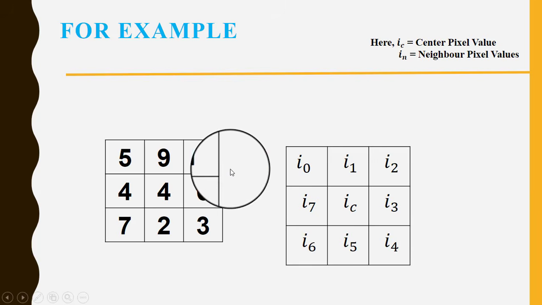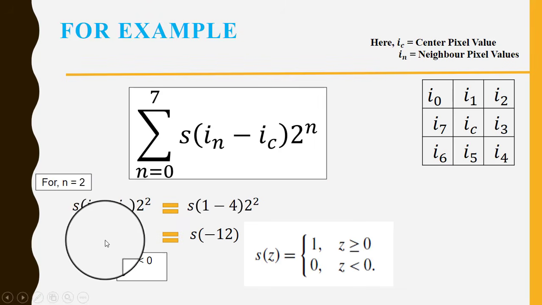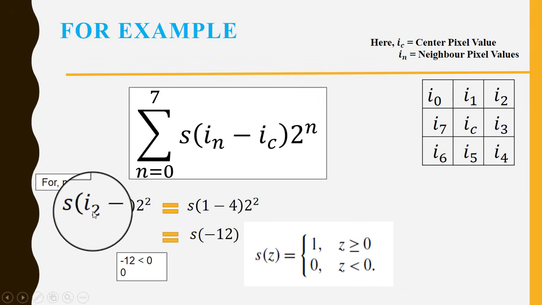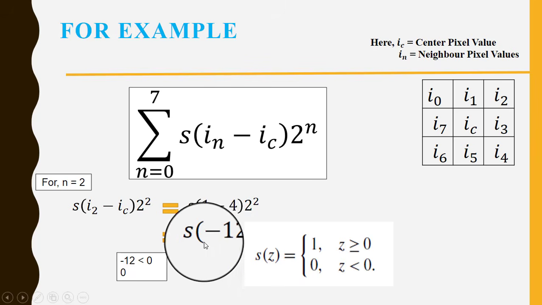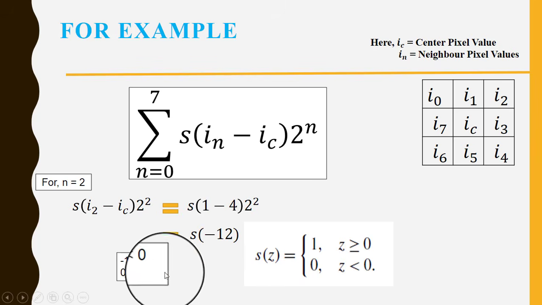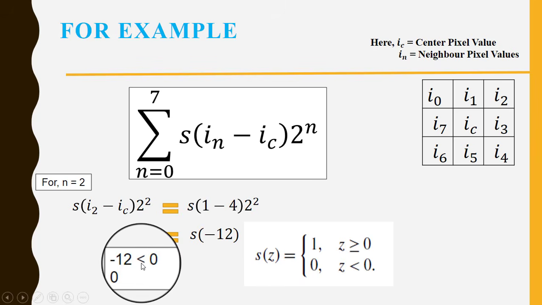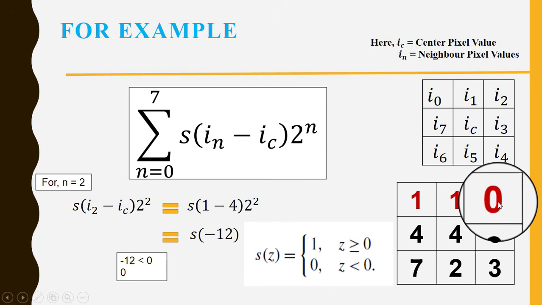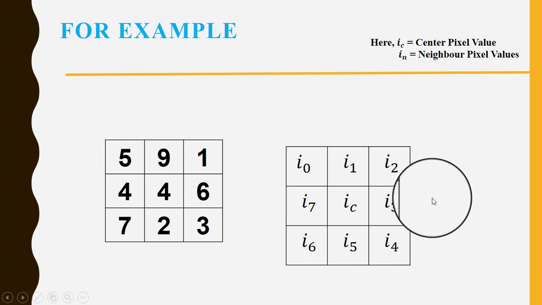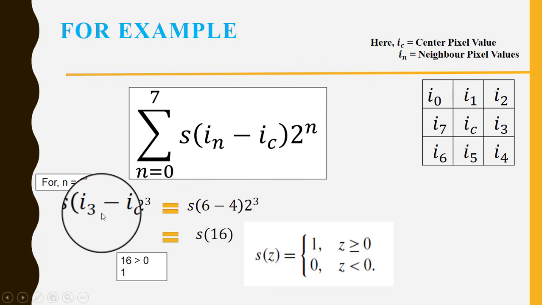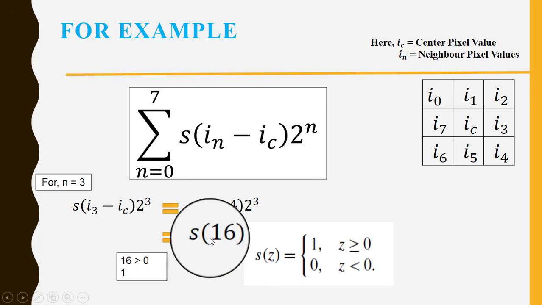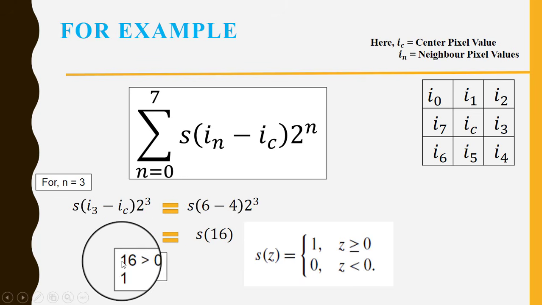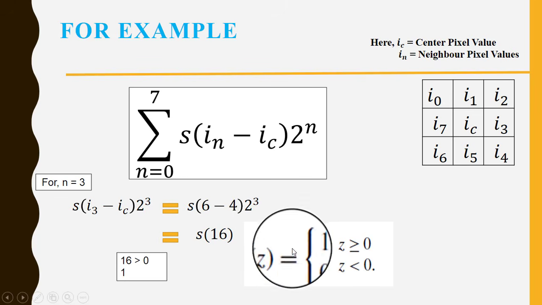Next, the value of I2 is 1, put n equal to 2, compute it, we got minus 12, and minus 12 is less than 0, so we assign 0. Next, the value of I3 is 6, compute it, we got 16, and 16 is greater than 0, put 1.